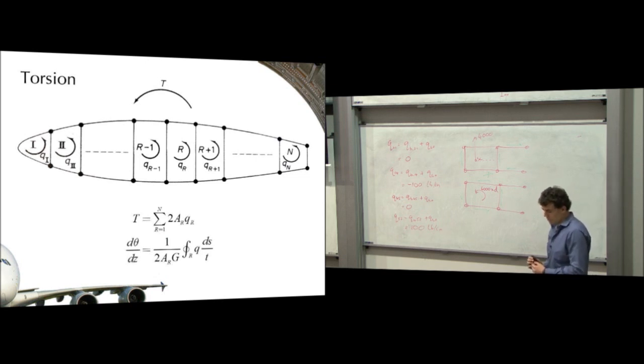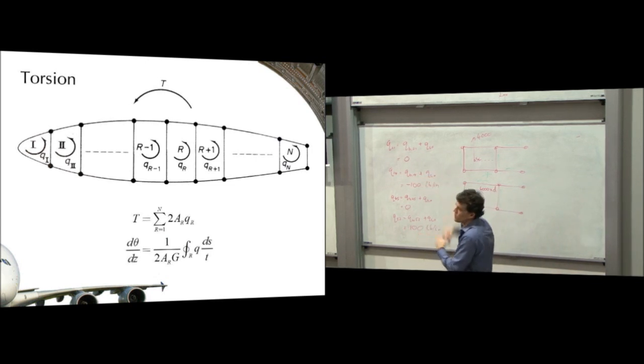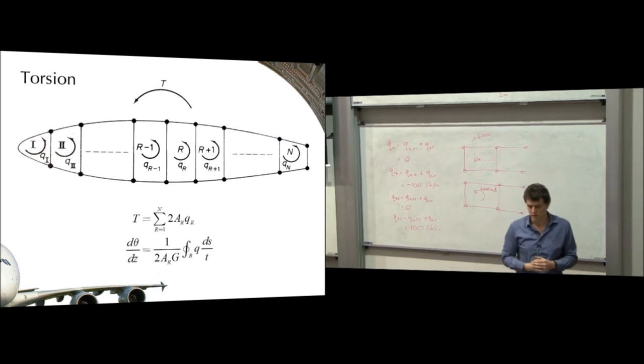They have multi-spar wings generally because they're low aspect ratio wings. They have very low thickness because they fly supersonic. So they generally, instead of having a couple of spars and some stiffeners, will have lots of spars. So you'll end up with lots and lots of these closed cells side by side.